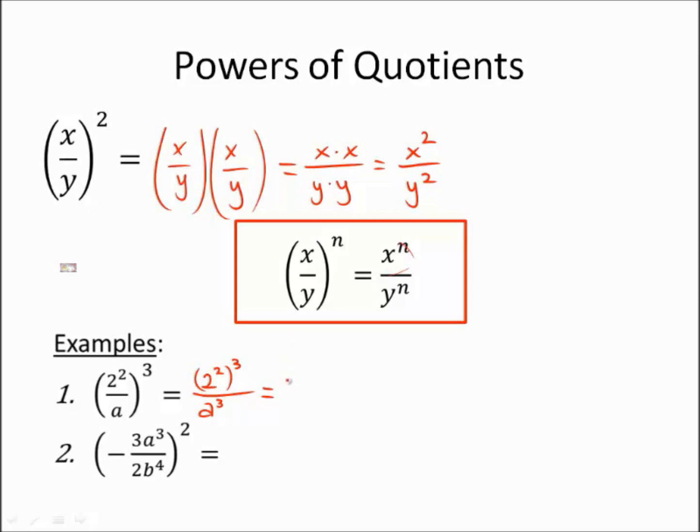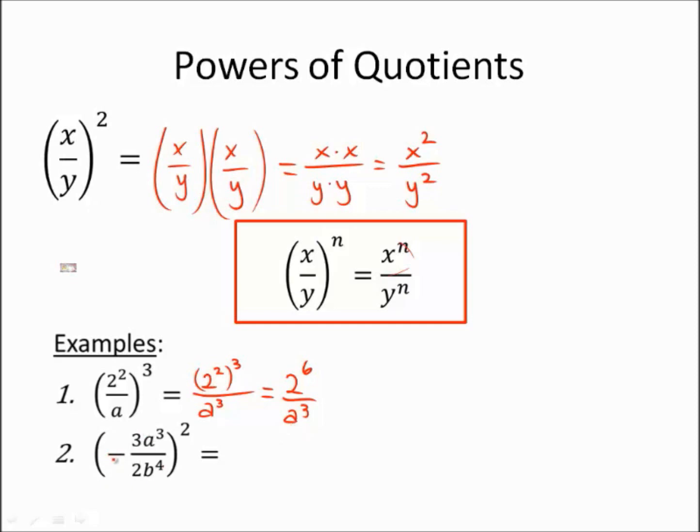This gives us 2 to the power of, and the rule tells us to go 2 times 3, and the reasoning is we've got 3 groups of 2 2's each, meaning 3 groups of 2 is 6 groups of 2's. And then we've got a cubed on the bottom. And that's it.